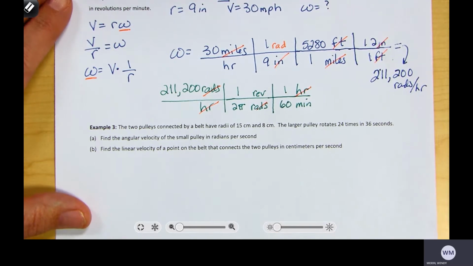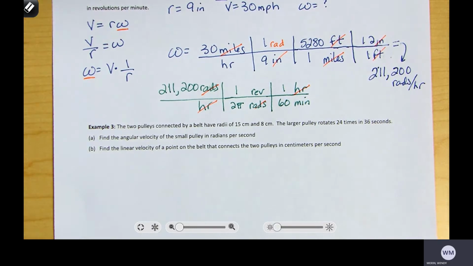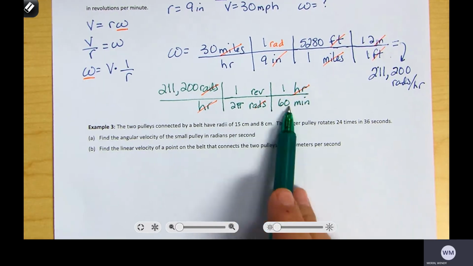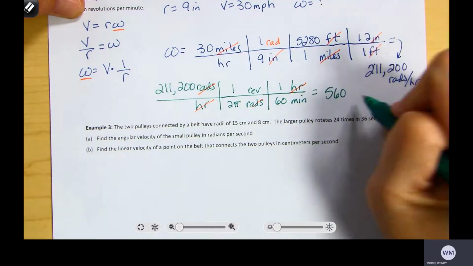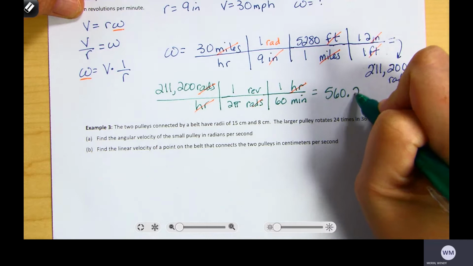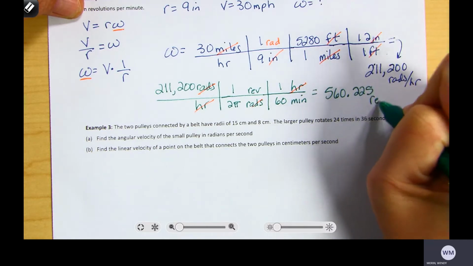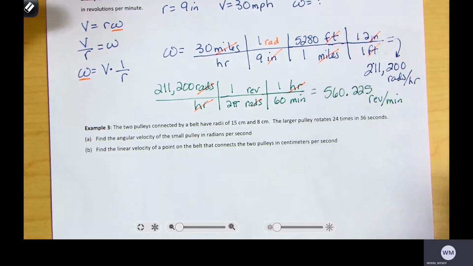Now I want you to practice doing this in your calculator, because this is the one that people tend to get wrong because of this in the denominator. So practice typing it into your calculator and see if you can get the correct answer. You should end up getting 560.225 revolutions per minute.